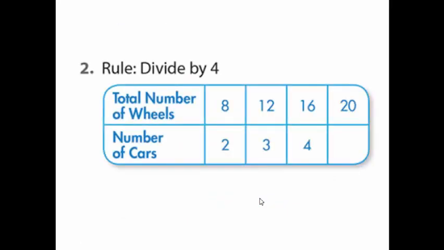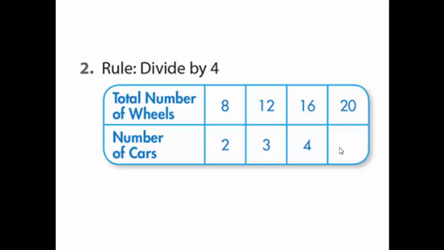We have another table, and here the rule says divide by 4. Now I have 8 divided by 4 equals 2. We have 12 divided by 4 equals 3. 16 divided by 4 equals 4, and now the question: what is the missing number?